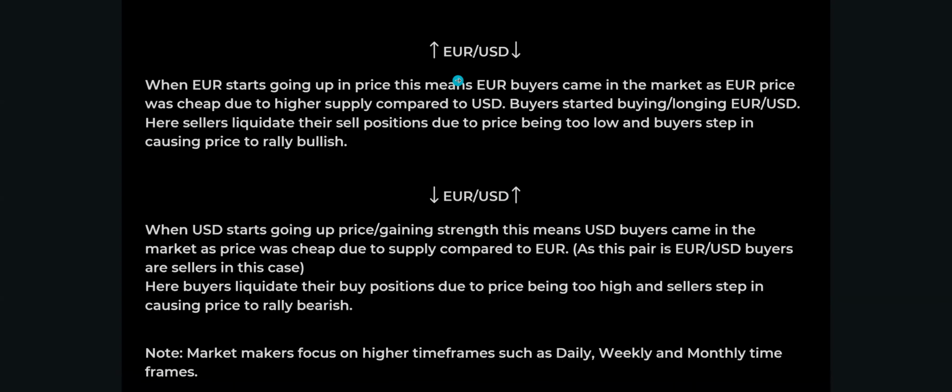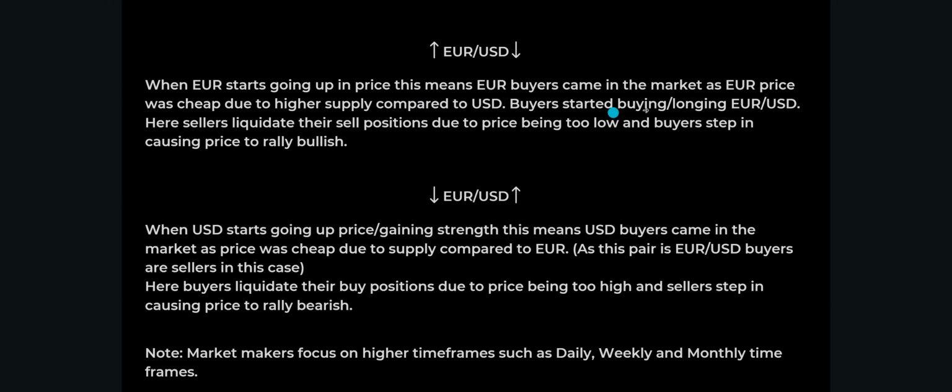So an example of the Euro USD pair being bullish, the first example: when the euro goes up in price, bullish, this means euro buyers came into the market as the euro price was much cheaper, due to the higher supply compared to the dollar. So people found that price so favorable that they wanted to buy up the euro.